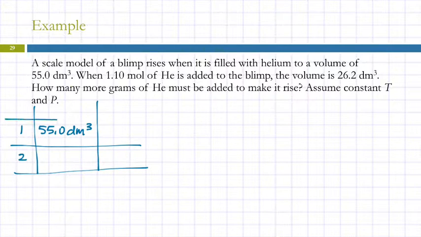And what variable is that? That's volume, so that's V. And then I've got 1.1 moles of helium, and I've got another volume. I need to make sure I get that moles with the correct volume. So I'm going to do this one first, 26.2, because that has to go in the volume column.